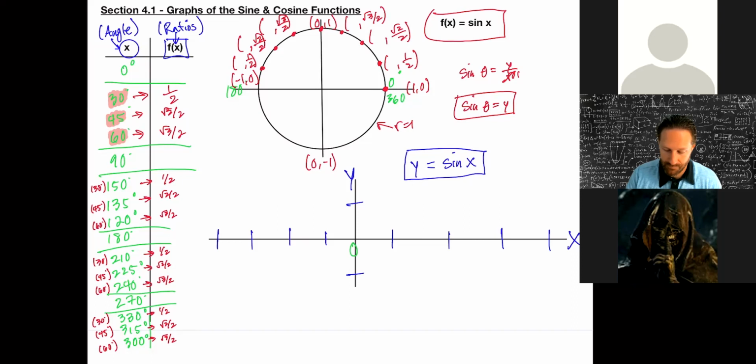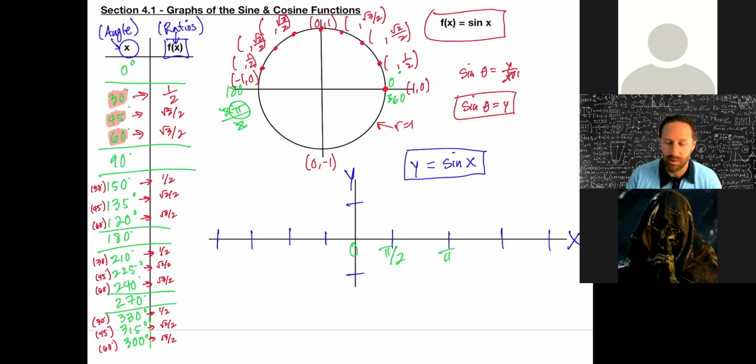Pi over 2. Excellent, Jacob. Pi over 2. Which means if this is what is called a quadrant, then if this is 1 pi over 2, what would this be? 2 pi over 2. Which instead of writing 2 pi over 2, it's easier to just write pi.